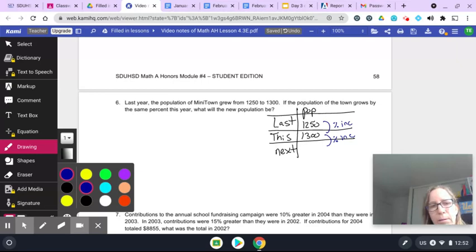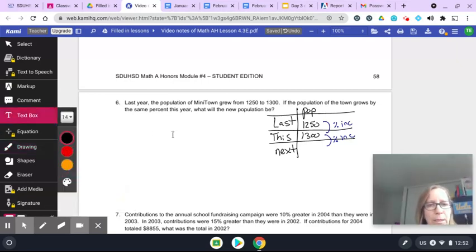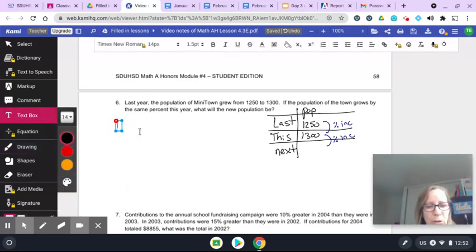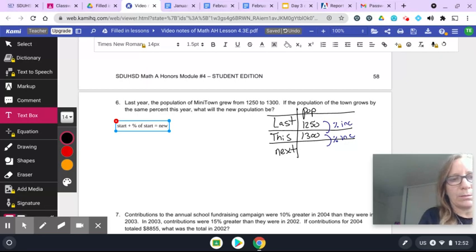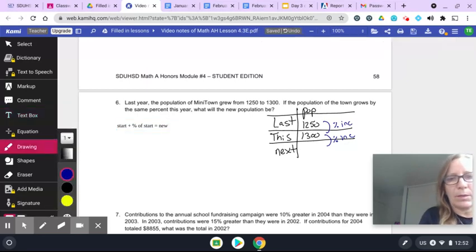So when we get a percent increase, remember that we have the original, the start, plus a percent of the start is equal to our new. Okay, so my start was 1,250. And there's some percent, I don't know what it is, in decimal form.